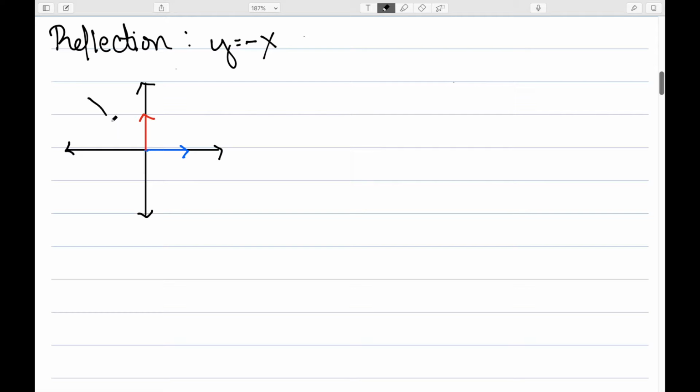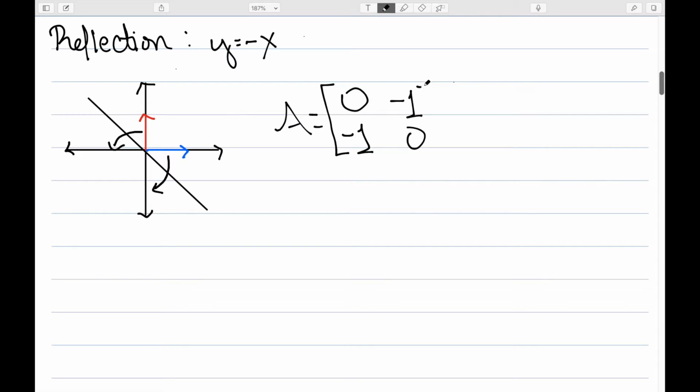If I change my line to y equal to negative x, and I'm considering this line here, my x vector will actually flip down across the line to be over 0 and down 1. And my y vector will flip across the line to be over negative 1 and up 0. So this would be my matrix for reflection across the line y equal to minus x.